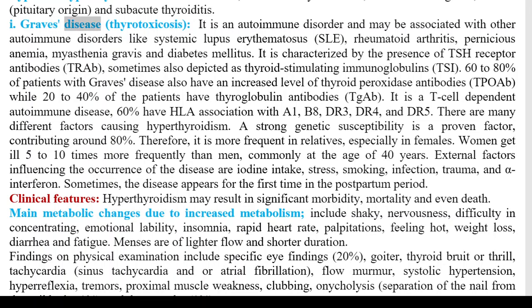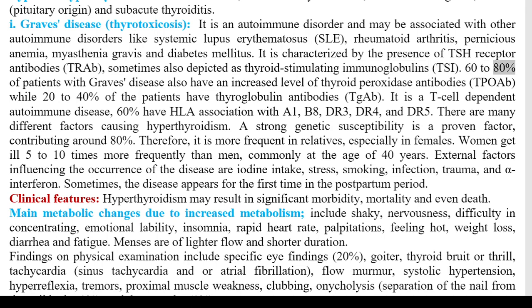Graves' disease, thyrotoxicosis, is an autoimmune disorder and may be associated with other autoimmune disorders like systemic lupus erythematosus (SLE), rheumatoid arthritis, pernicious anemia, myasthenia gravis, and diabetes mellitus. It is characterized by the presence of TSH receptor antibodies, TRAb, sometimes also depicted as thyroid-stimulating immunoglobulins, TSI.